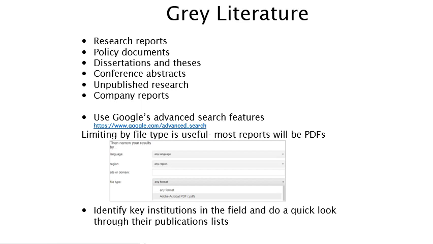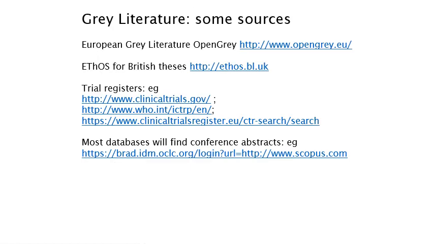Now there are databases for Gray literature, and we'll be looking at these databases. There's the European Gray literature, and then we have Ethos for British theses, and then we have the trial registers. We have ClinicalTrials.gov, which is the American-based clinical trial register, but almost all of the countries are registering on it.